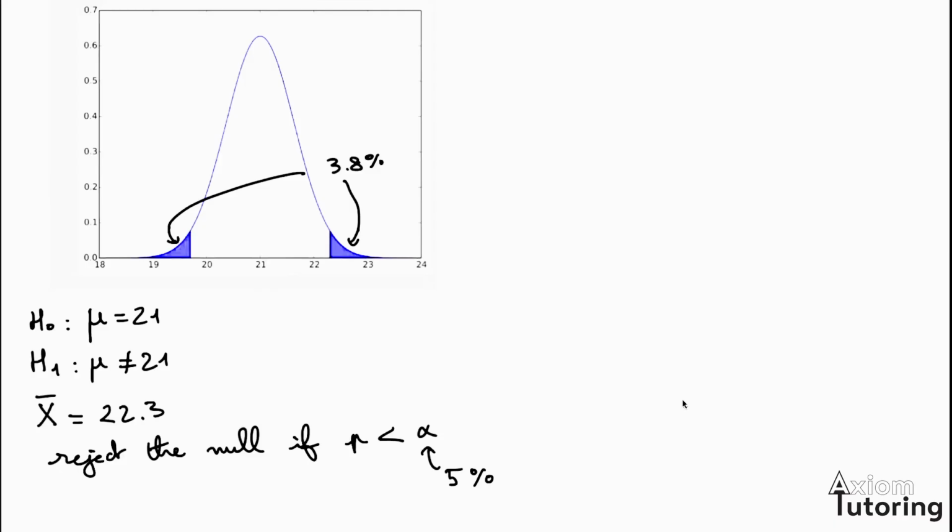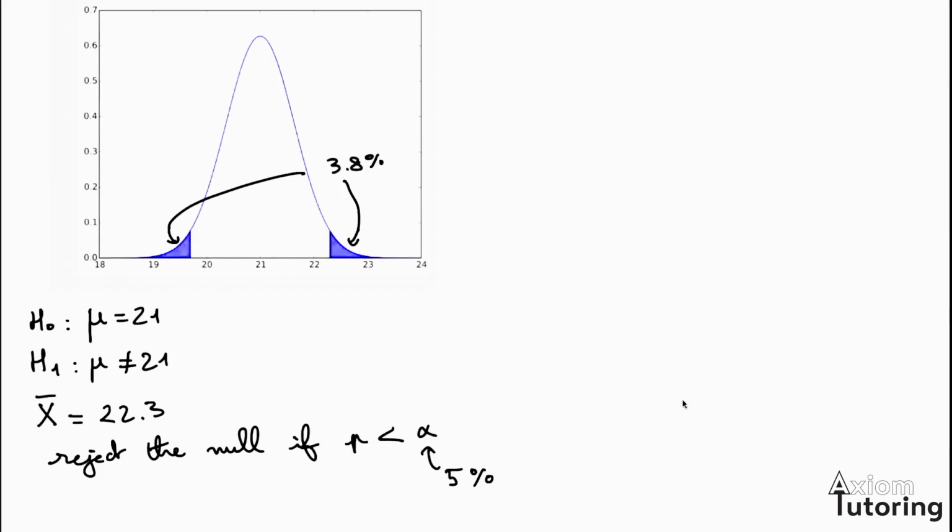So the probability of making a type 1 error, in this case, would be 5%, because as long as the p-value is less than 5%, we would reject the null hypothesis, even though the null hypothesis is correct. So what determines the probability of making a type 1 error is just the significance level. It's actually equal to the significance level.